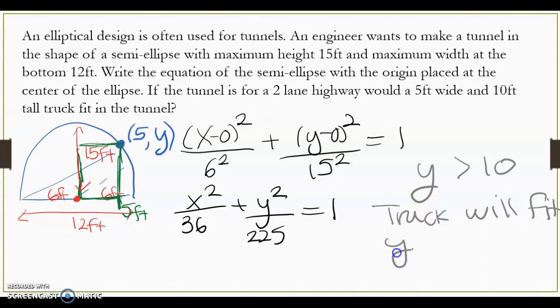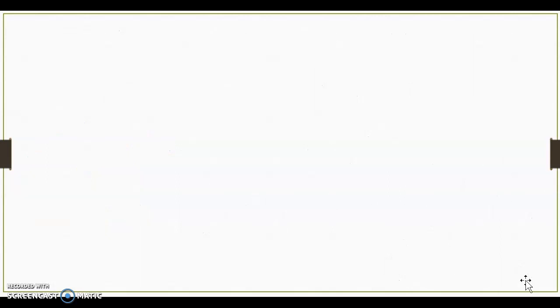If y is less than 10 feet, the truck won't fit, so the truck crashes, we'll say. The only thing we have to do is plug in that point (5, y) and solve for y. So I'm going to do that now.